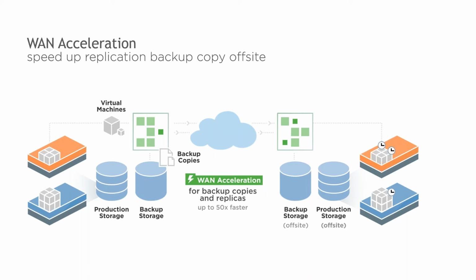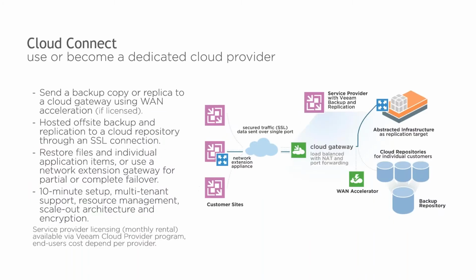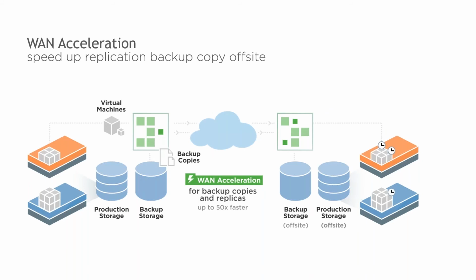However, if you do have high latency WAN links, then we offer what we call our WAN accelerator, which is basically a caching mechanism which ensures that no data block is ever sent across the WAN more than once. That will give you anything up to 50 times faster throughput across your WAN links with your backup and replication tasks.